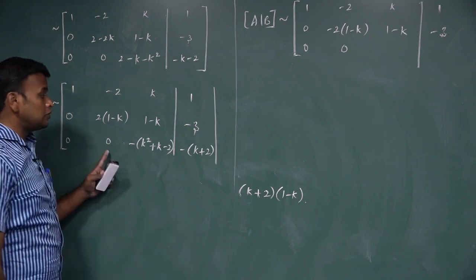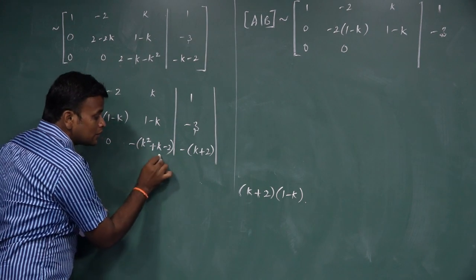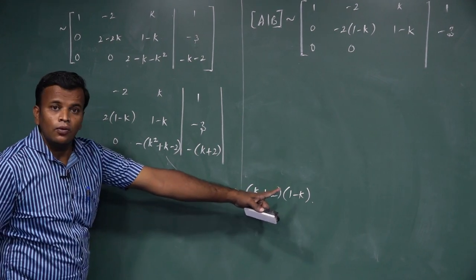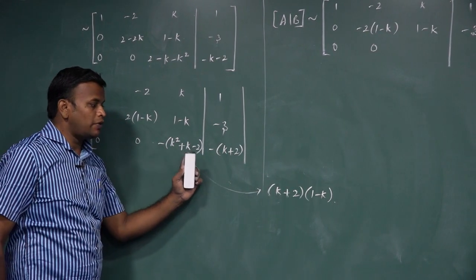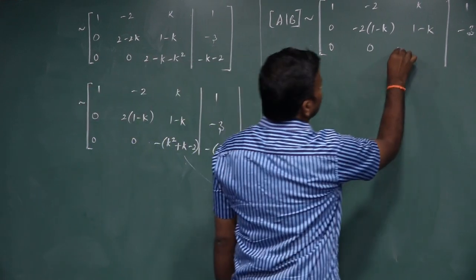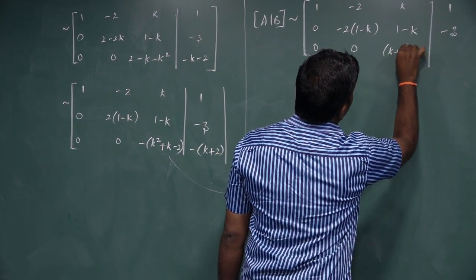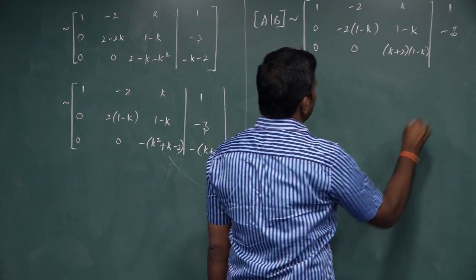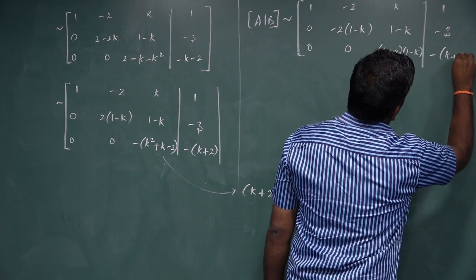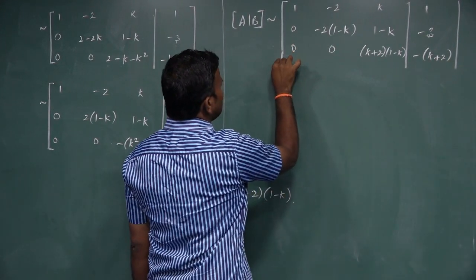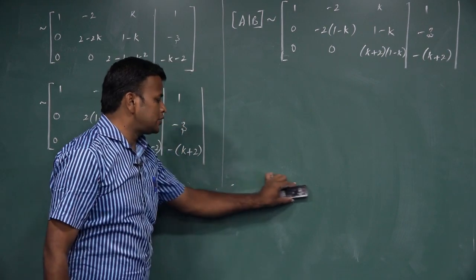So these two elements are 0. Now this factor changes into k plus 2 into 1 minus k. So we simplify this factor, k plus 2 into 1 minus k. And the third one, minus of k plus 2. So actually it is the value of the augmented matrix.